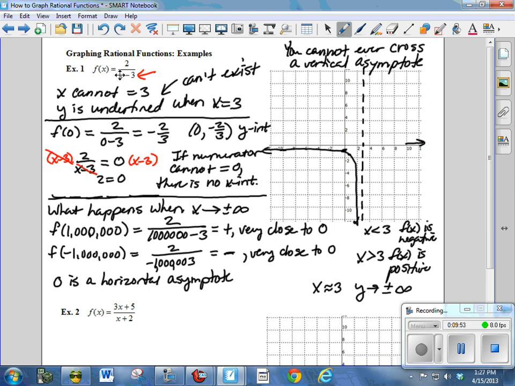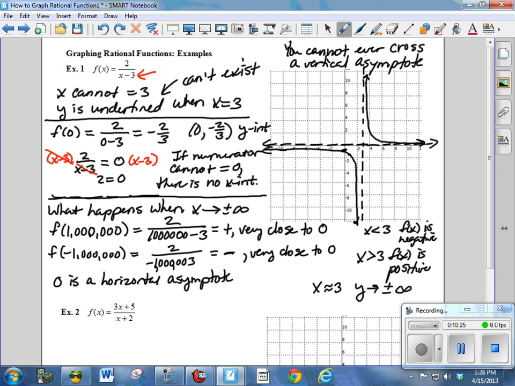Well, 2 divided by 0.0001 is 20,000. It's getting really, really big. So when we make x close to 3, we make the denominator very small, and the smaller we make the denominator, the bigger f of x gets. So we end up going to positive and negative infinity as we get really close to x equals 3. And I forgot to draw on my horizontal asymptote here. So this is what this graph looks like.